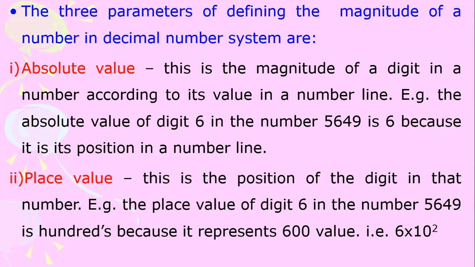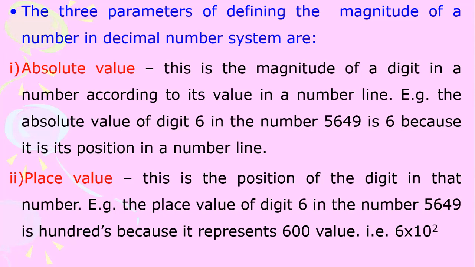So 600. That is 6 times 10 raised to power 2. 10 raised to power 2 is 100, so multiply by 6.